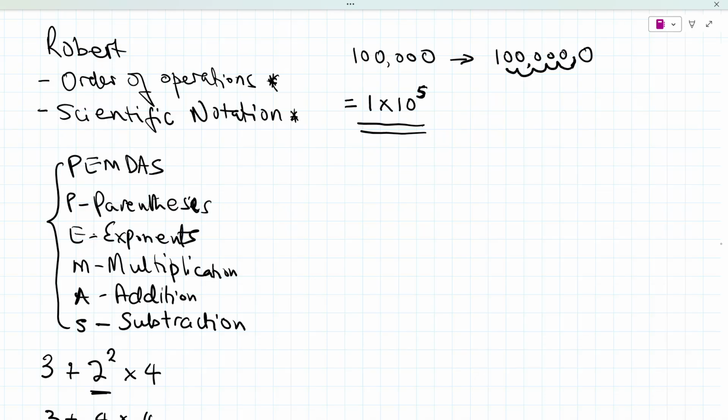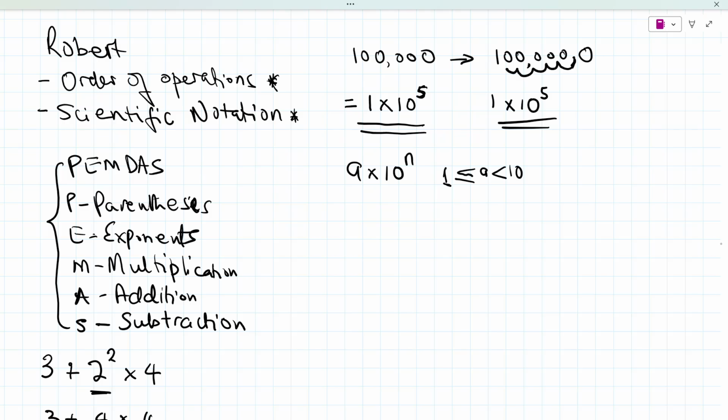That's why we have 1.0 multiplied by 10 to the power 5. So generally, the scientific notation has the form of A multiplied by 10 to the power n, where A is less than 10 but greater or equal to 1.